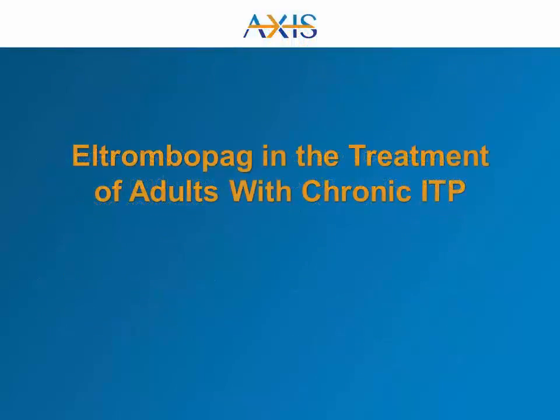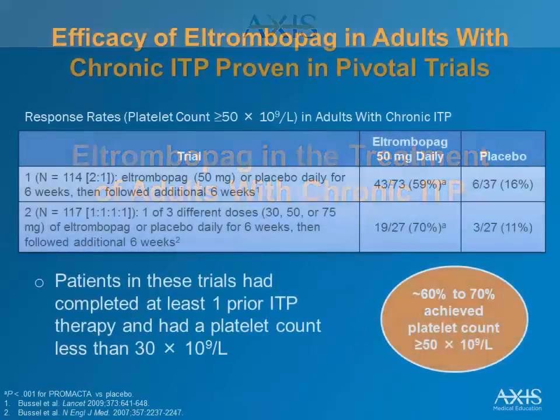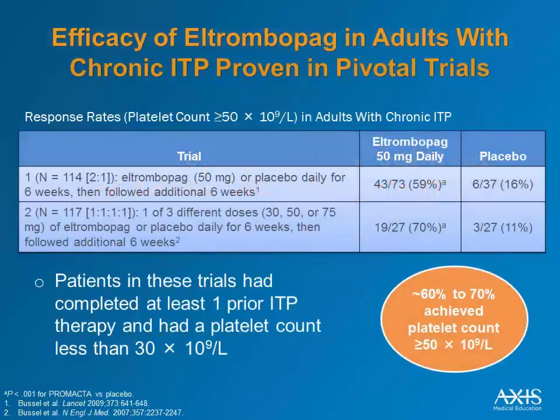What about eltrombopag for adults? These are the first 2 studies on the top, a phase 2 here and a phase 3 here, that were the basis for the initial licensure of eltrombopag. The lower study randomized patients to 3 different doses and placebo and saw a 70% response rate at 50 milligrams and an 81% response rate at 75 milligrams.